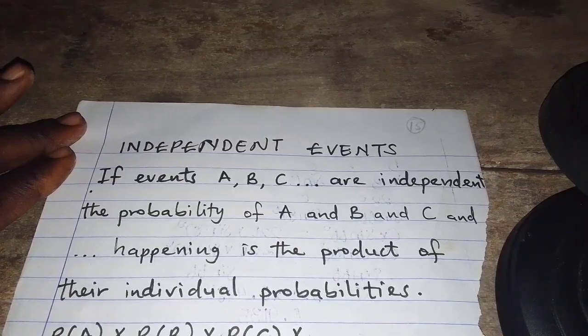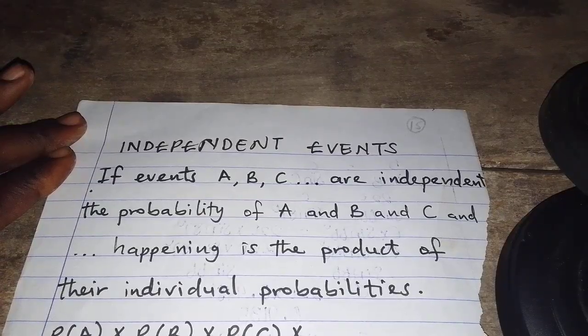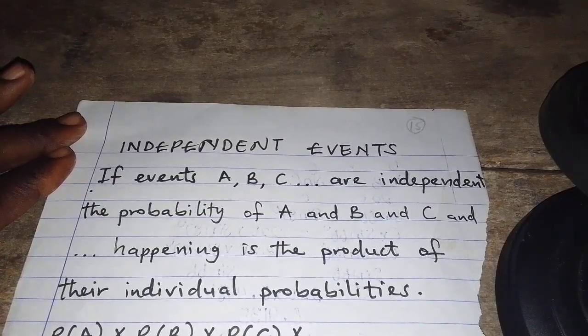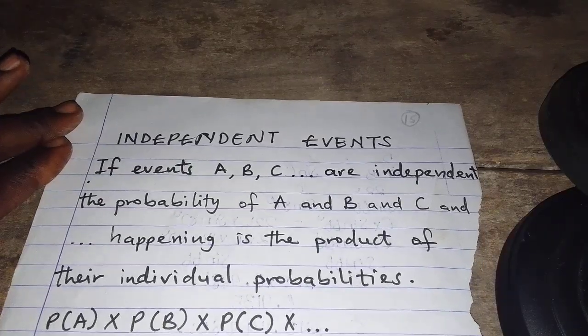So the probability that all three of us will go together is that you multiply the probability of myself going and each of the other two going, multiplying our probabilities together. That is what we mean by independent events that happen simultaneously.